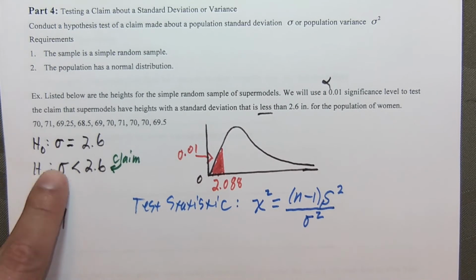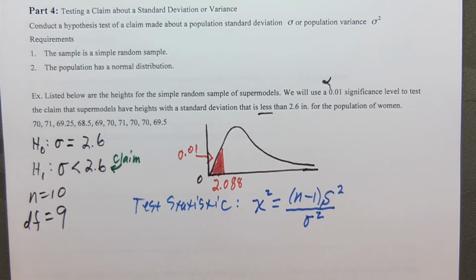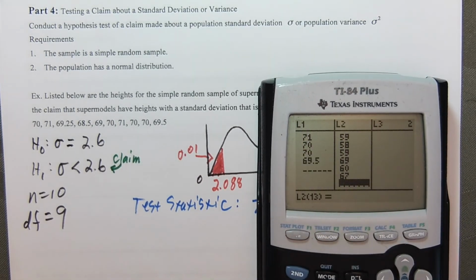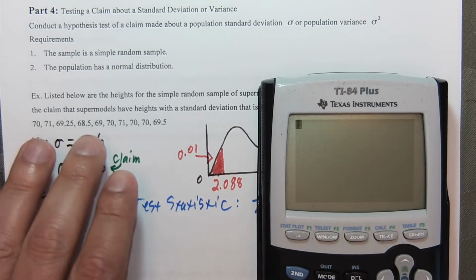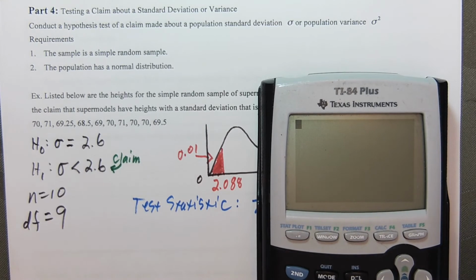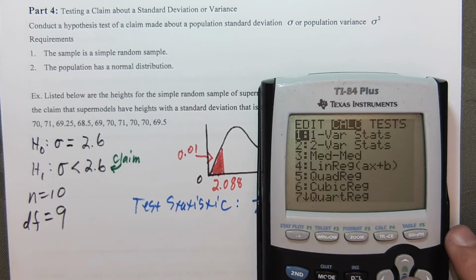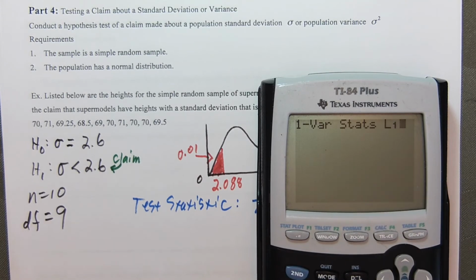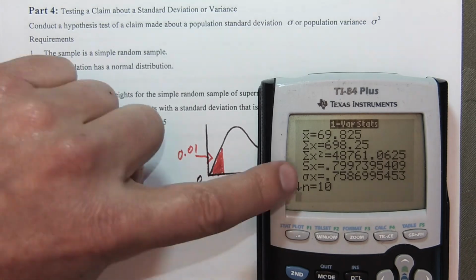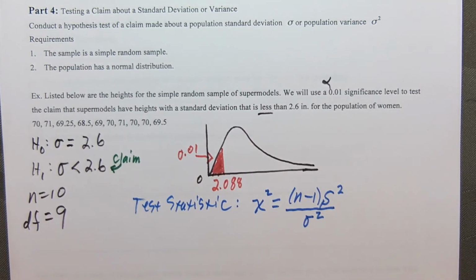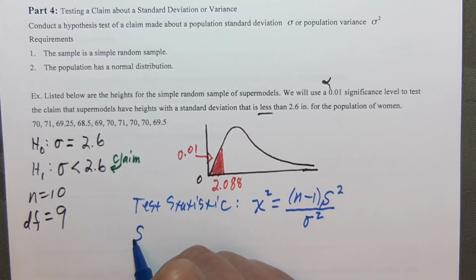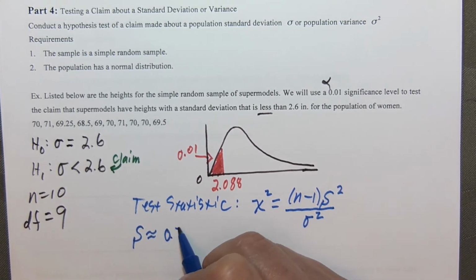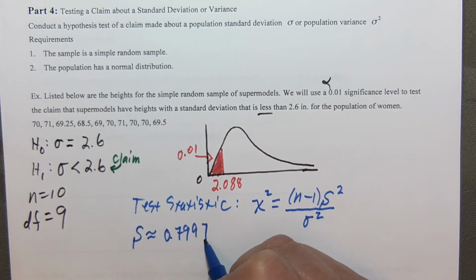And our sigma is right here, our 2.6. I have this in my list 1, these supermodel heights, and I'm going to calculate one-variable stats on list 1. And that's going to give me my s. So s in this case, going to 4 decimal places, is 0.7997.